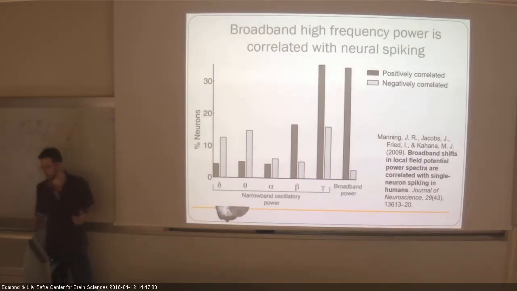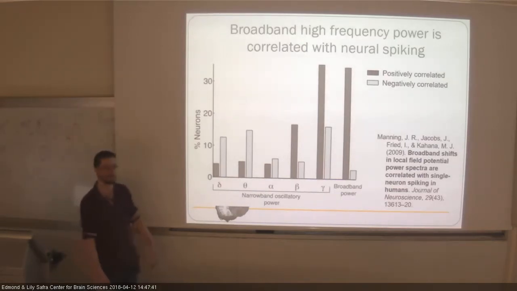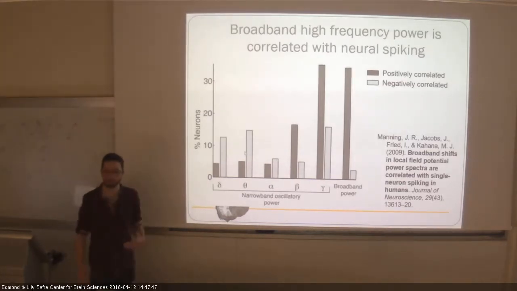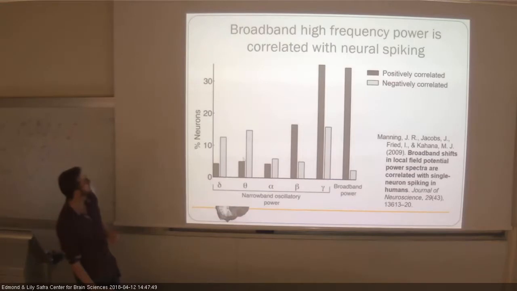So this is another study showing a similar thing. So they again recorded from single neurons. Or is it the same study? No, it's a different study. And here they just show the proportion of the neurons that they recorded having a positive or negative correlation with each frequency band.